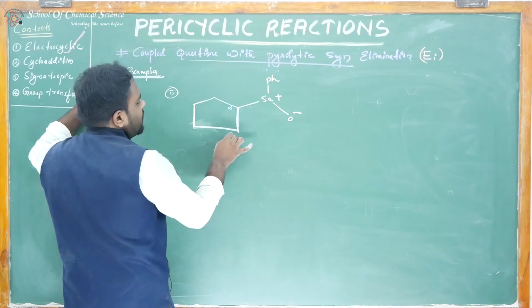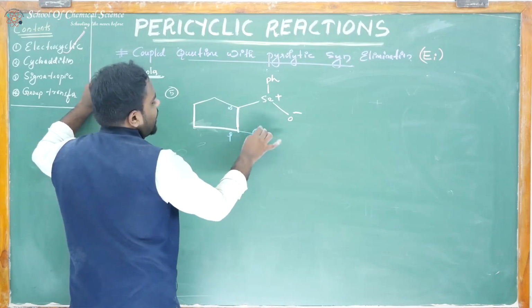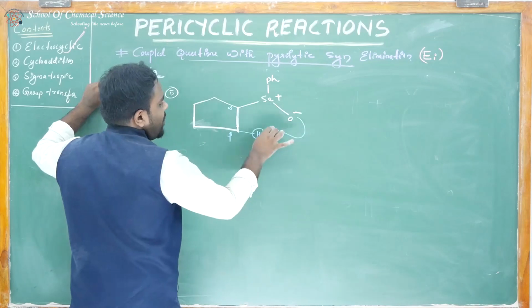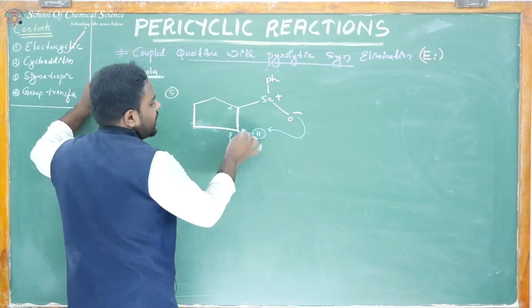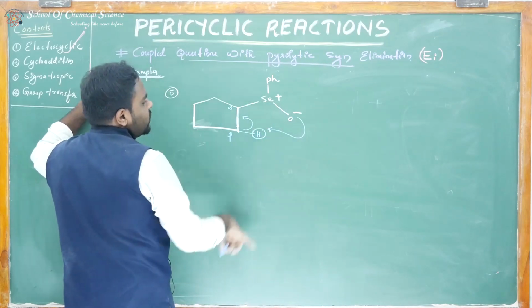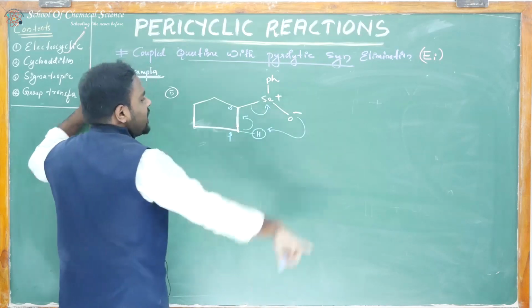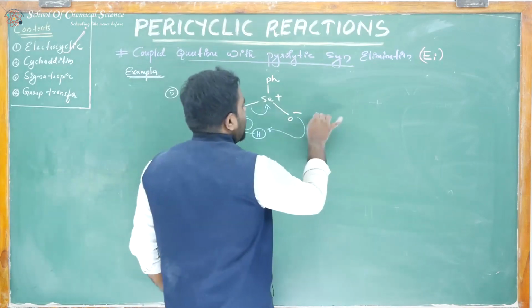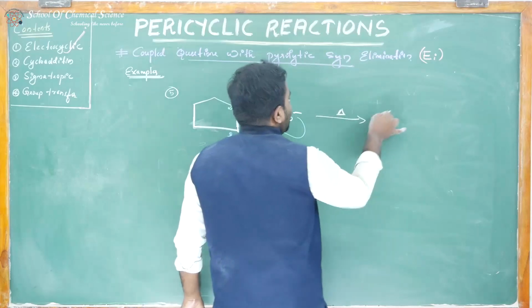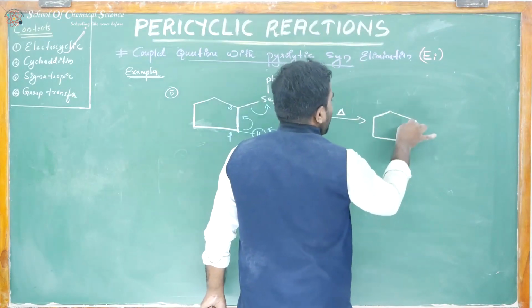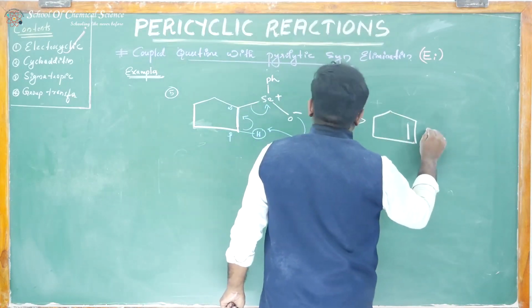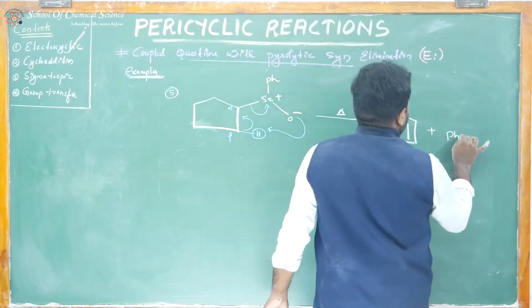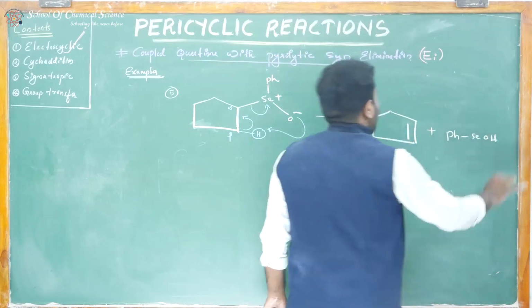This is the alpha carbon and beta carbon. In the beta carbon, a hydrogen is present. This O minus will interact with the beta hydrogen. This bond will shift towards this side, and the selenium group is eliminated. So under thermal condition, pyrolytic elimination takes place to form an alkene plus the byproduct PhSeOH.